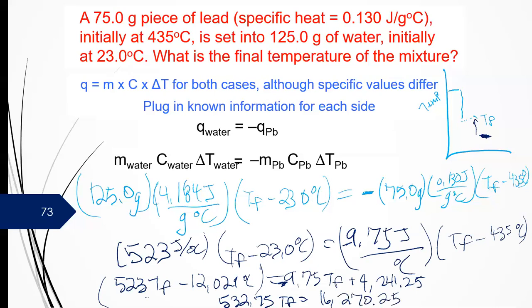I divide that by 532.75. And so we're going to get a final temperature of 30.54 degrees Celsius. And so that's going to be the final temperature.